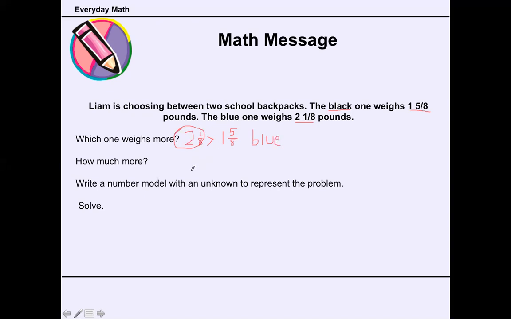So what number model do I need to figure out how much more the blue one weighs than the black one? So I am going to do the problem. I can actually do two different problems here.